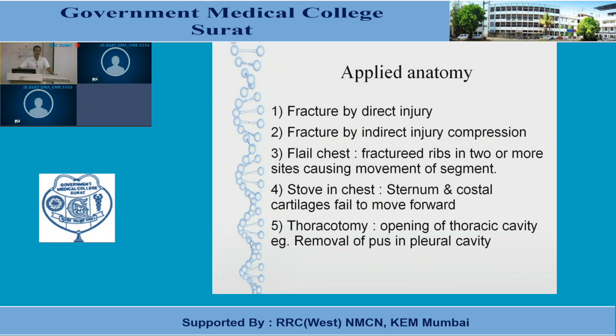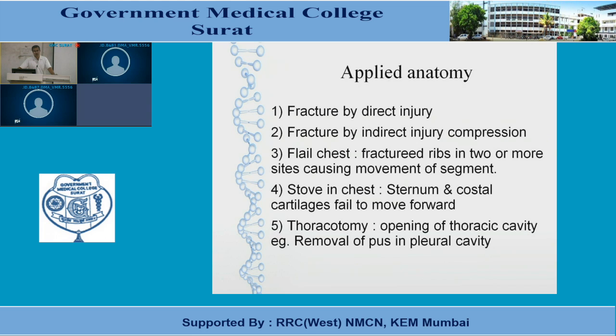In direct injury to these ribs, there is a fracture mainly in relation with the shaft. And what happens in this direct injury? Fracture ends of ribs will go in.